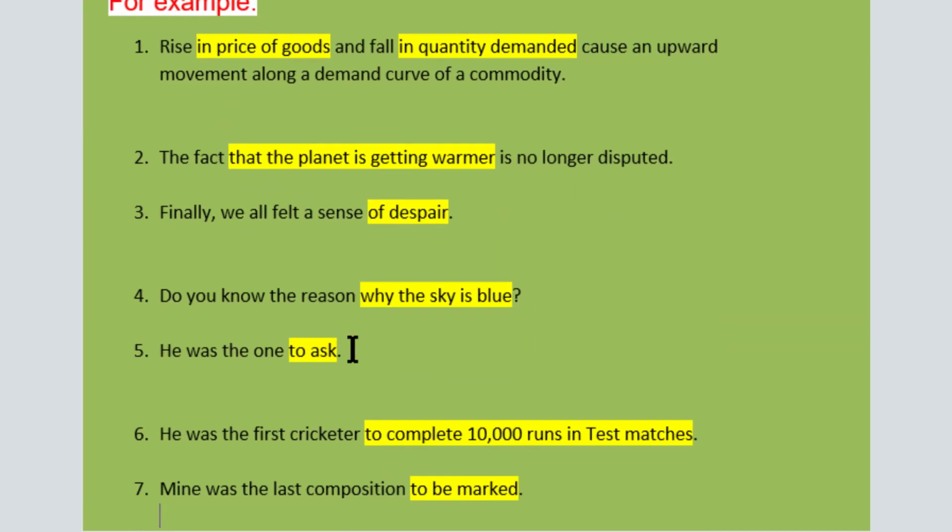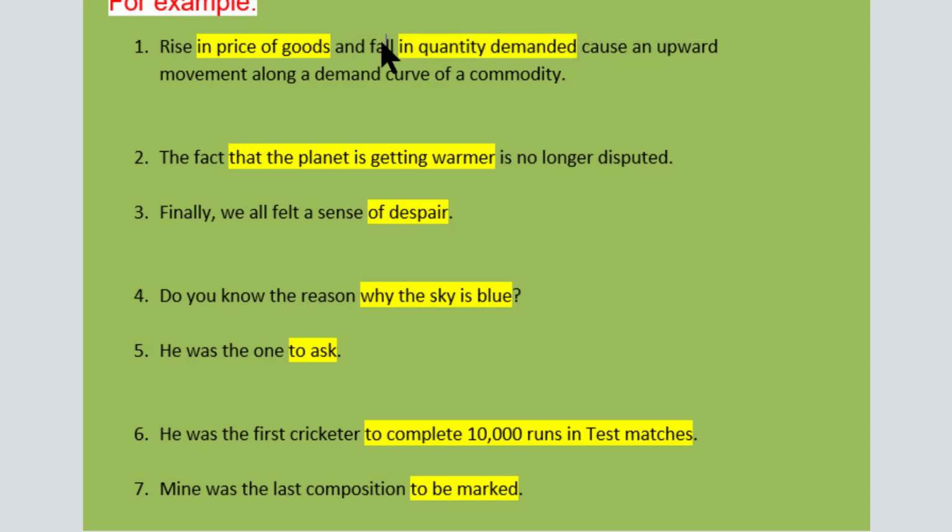See the first one. Here we have one noun phrase. In this noun phrase, we have rise, a noun, as the head, and this one is the complement of this head. Once again we have a prepositional phrase, and this one is a complement of fall.